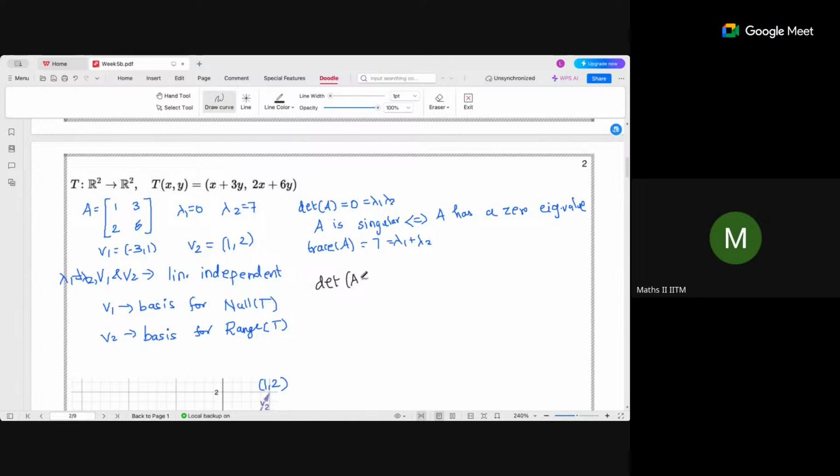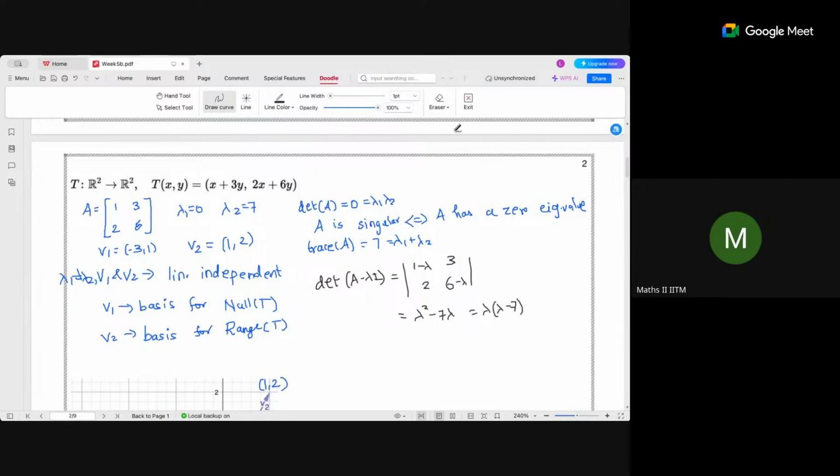So the determinant of A minus lambda I is (1 minus lambda)(6 minus lambda) minus 6. So lambda square, and then you have minus 7 lambda, and then you have plus 6 and minus 6, so it becomes 0. Only this you have. So lambda into lambda minus 7, right?